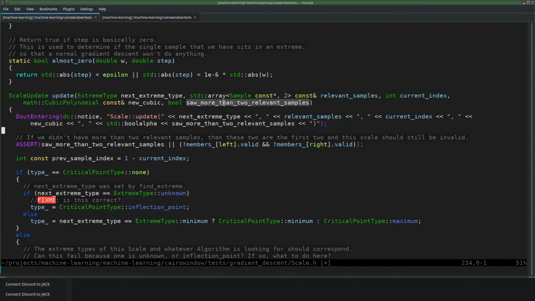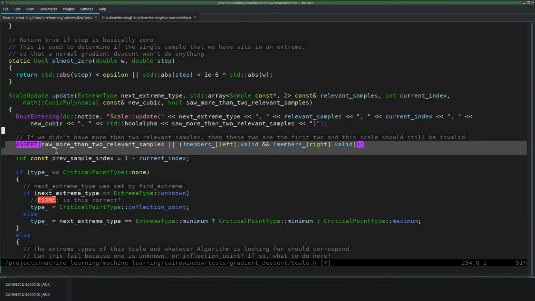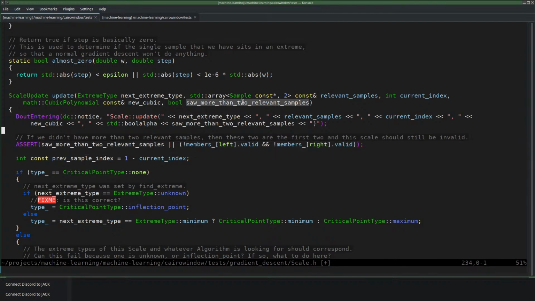Yeah, of course I can use this. It literally says it here. If this is set, then we were here before, I would say. If this is not set, then path must be invalid.